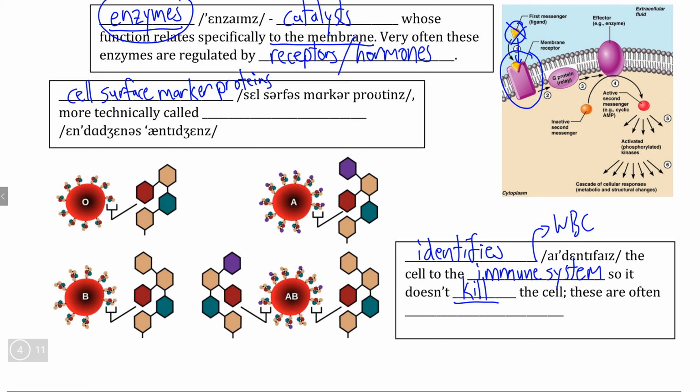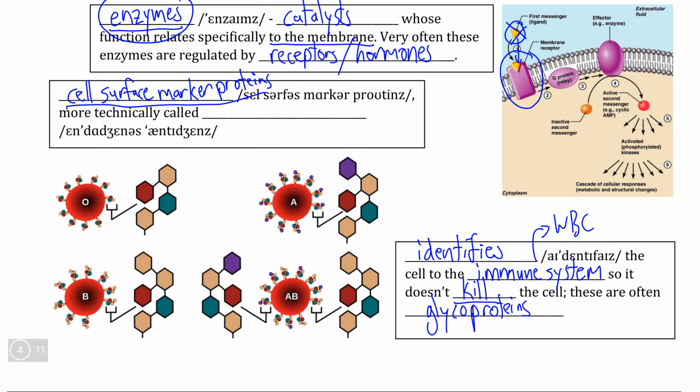So for people that don't know, there are 4 primary blood types in humans, O, A, B, and AB, and what blood type you have is dependent on which marker protein exists on the surface of your red blood cells, and the only distinction between them is actually not in the protein itself, it's actually in an oligosaccharide carbohydrate structure that is on the surface of the protein. So very often marker proteins are actually examples of glycoproteins, which we see here.